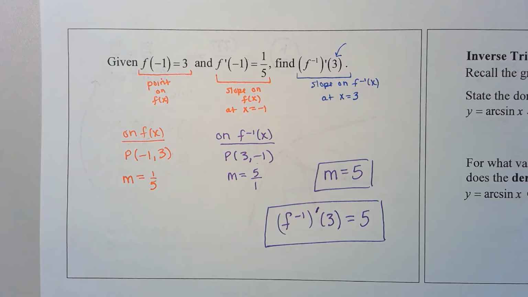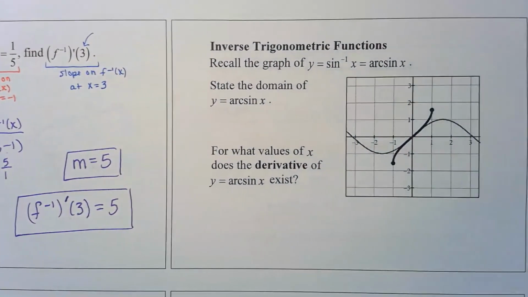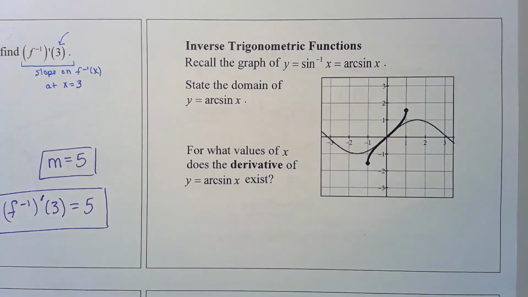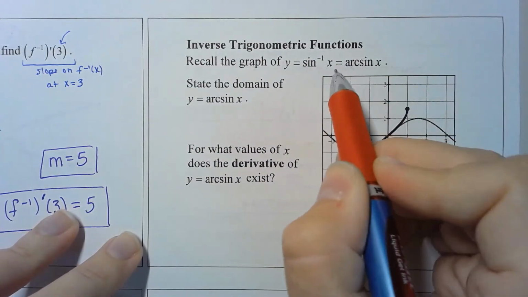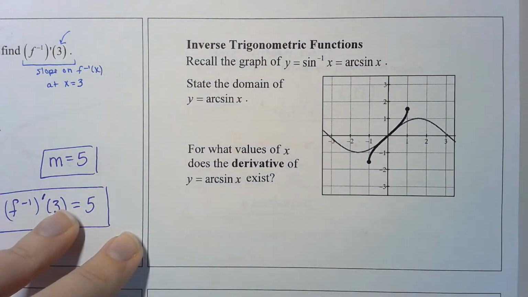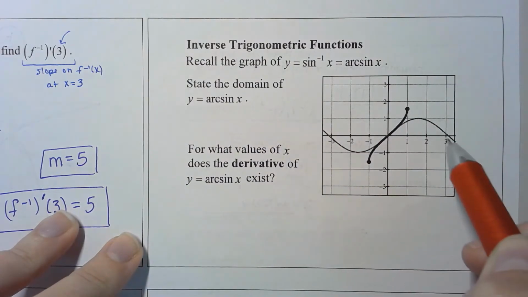What I would like to continue on with now is talking specifically about our inverse trig functions. So first of all, let's review the graph of inverse sine of x, and we should all remember that inverse sine can also be written as arc sine. They mean the exact same thing. So what I've done for you is I've graphed the original sine curve.